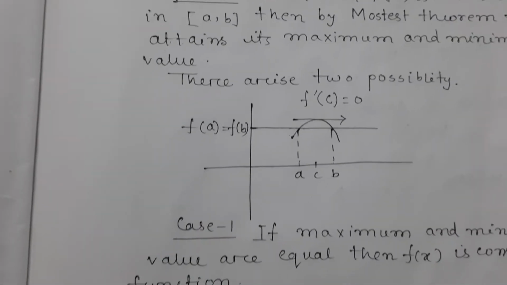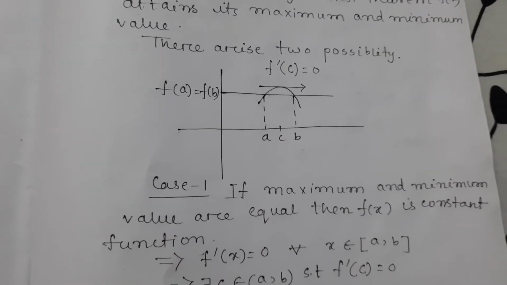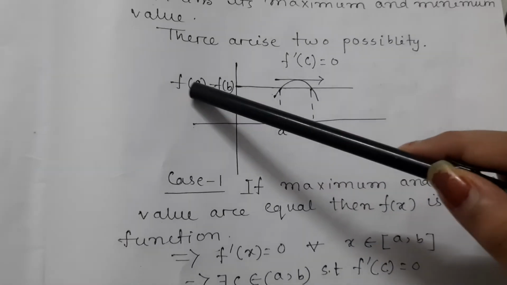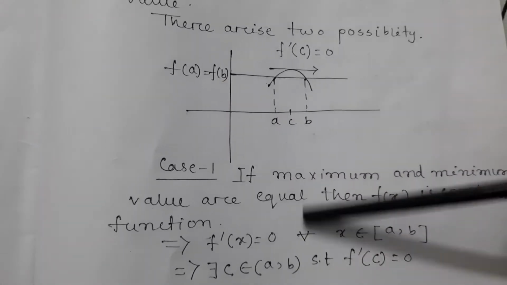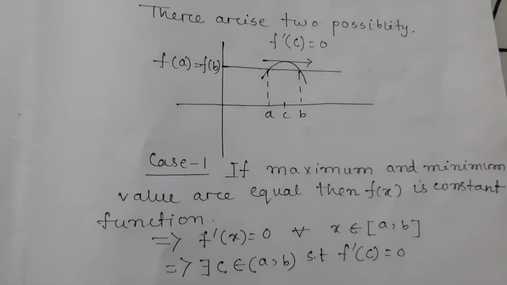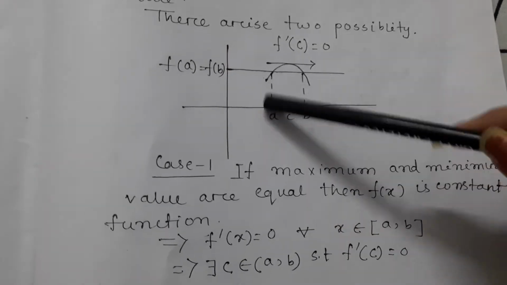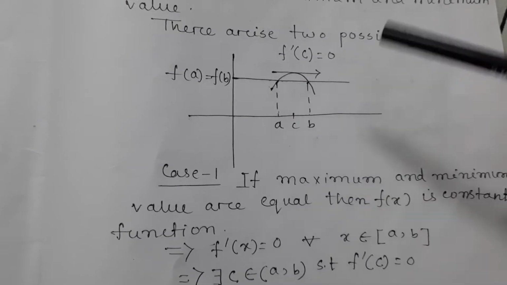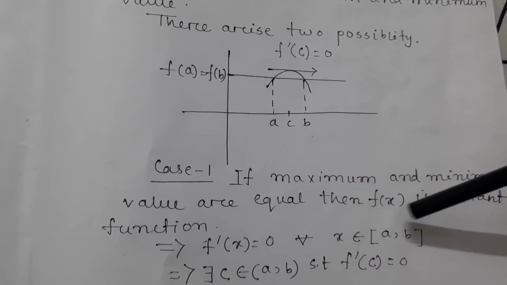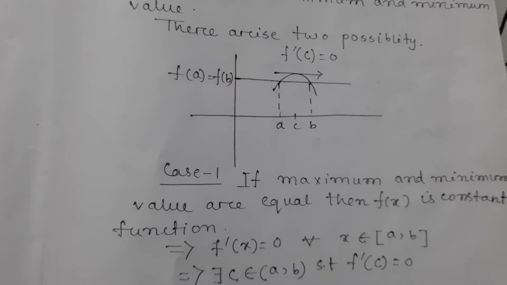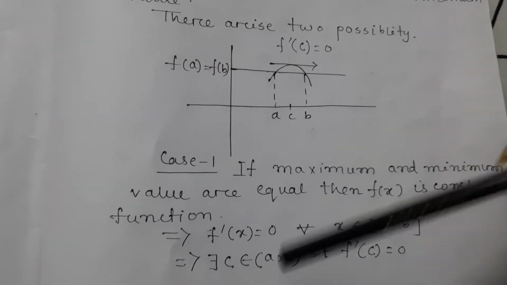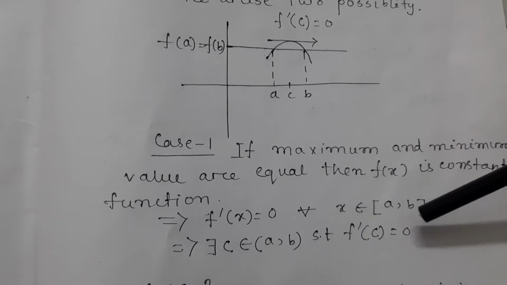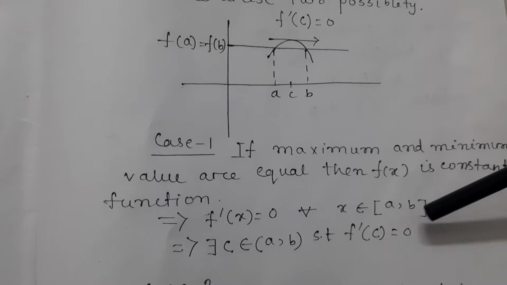First case: if the maximum and minimum values are equal, then f(a) is equal to f(b), so f(x) is a constant function. Because for two points its value is the same, f'(x) is obviously 0 for all x belonging to (a, b).